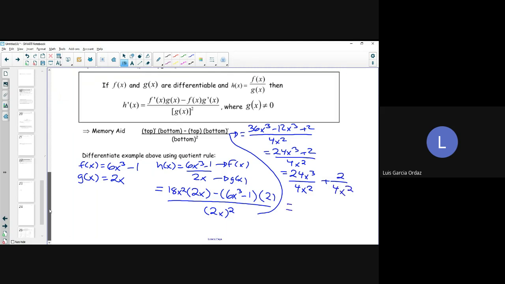Now, if I were to simplify that, what would my final derivative be? So you get 6x plus 1 over 2x squared.